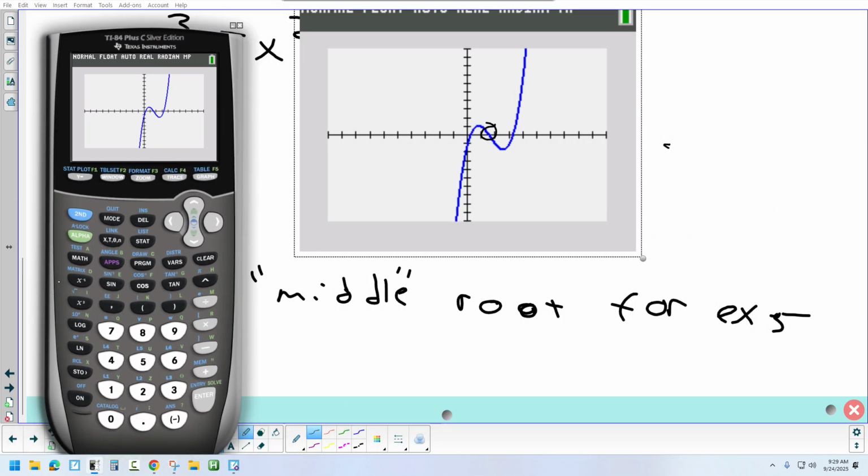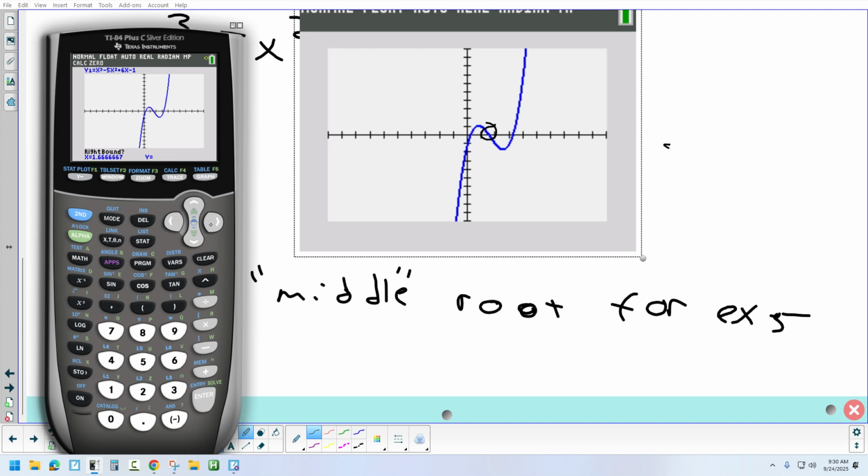Okay, so how do we find the answer that's in between the two on the outside? It's the one that I circled. Second, trace, option 2. And where do I put my cursor for this one? Left of the middle. Yep. Just make sure that it's only encompassing one of the intercepts at a time. So that's fine. And then where do I put it now? To the right.